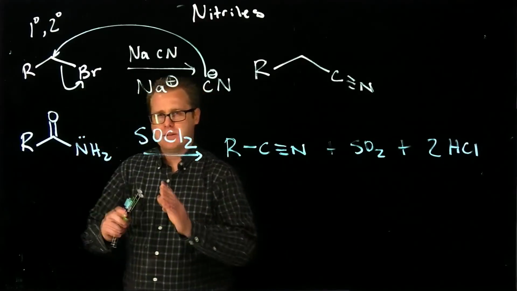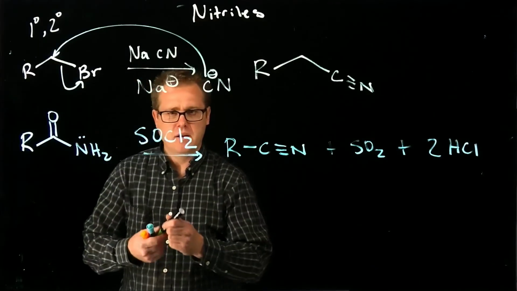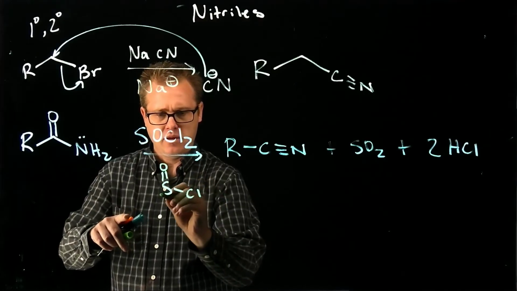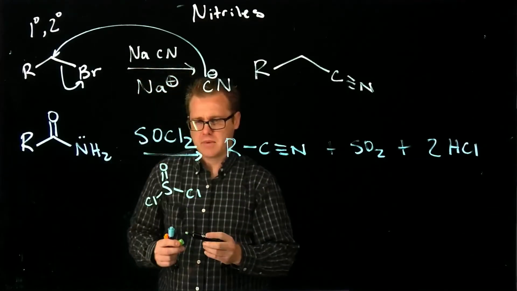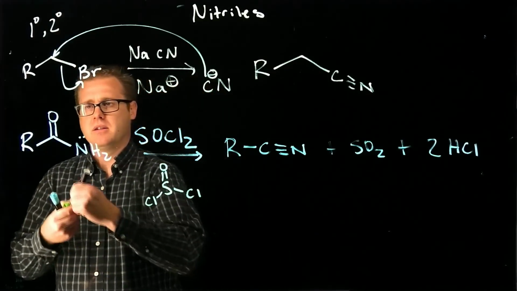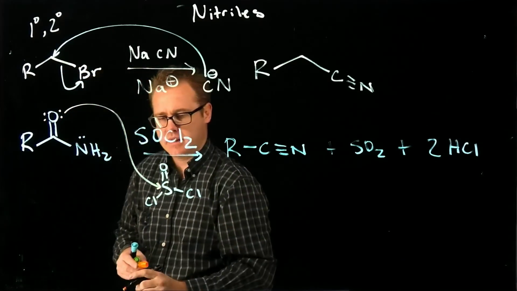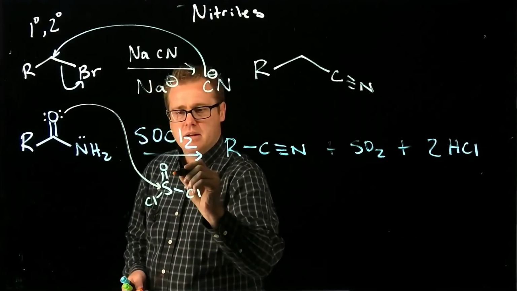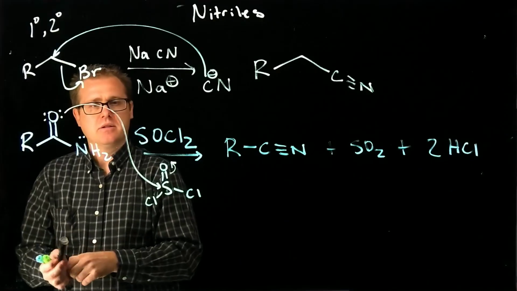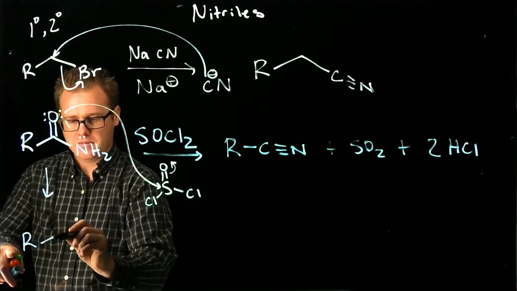So here's our amide. And what does thionyl chloride look like here? SOCl2, so that looks like this. Just like that. So what's going to happen first is the lone pair on the oxygen is going to come in and attack the sulfur atom and go like this. So that's going to bring us to this.